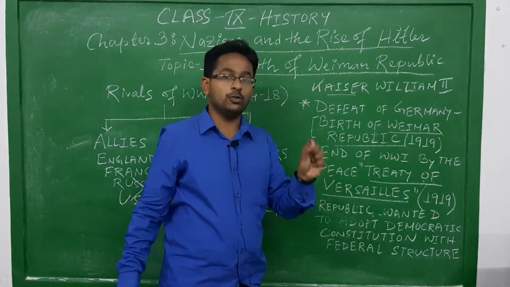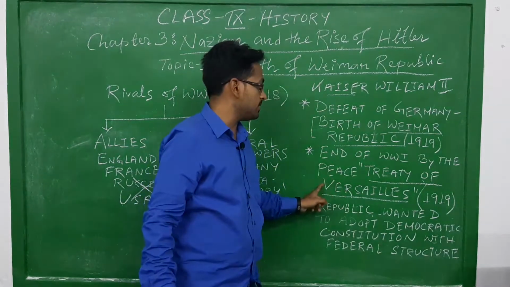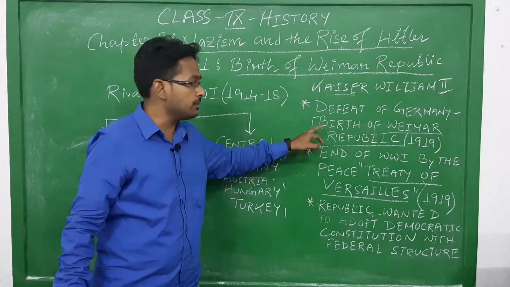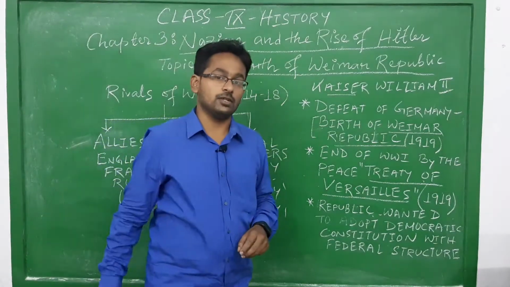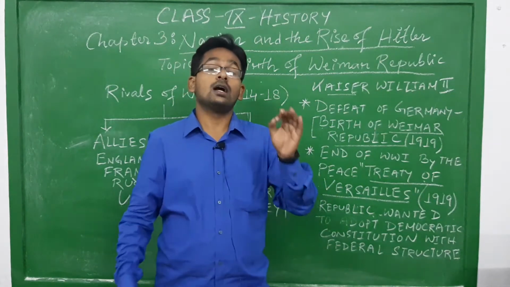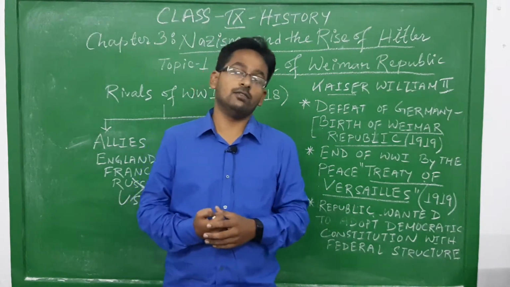Versailles is a place situated in France. On behalf of Germany, the Weimar Republic signed this peace treaty. Clear? Now I will discuss the conditions of the Treaty of Versailles.